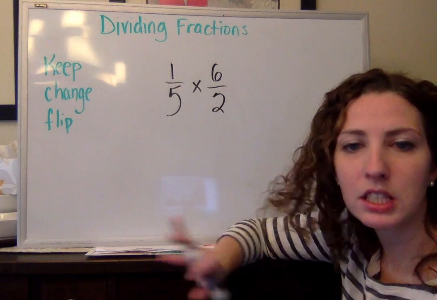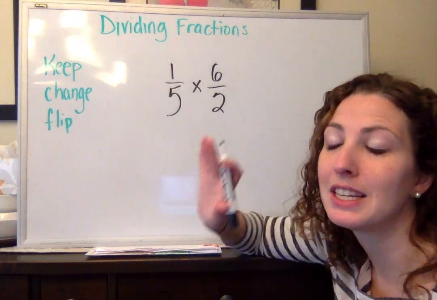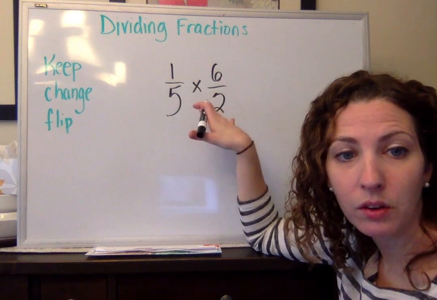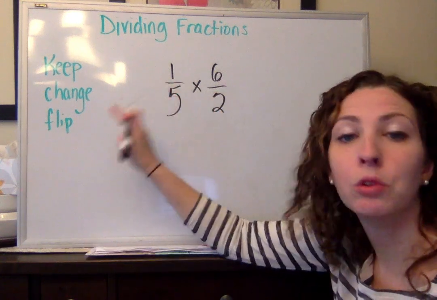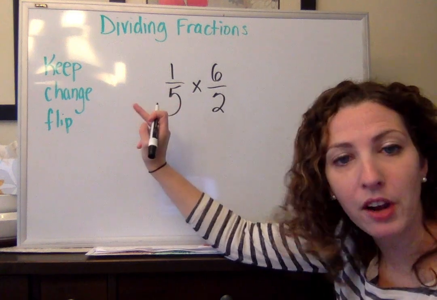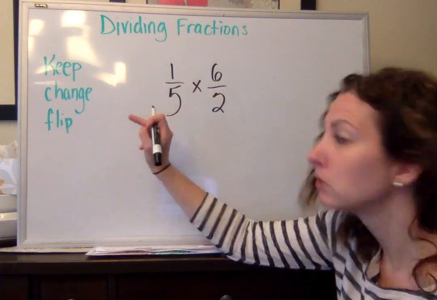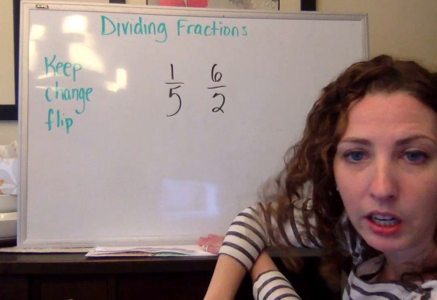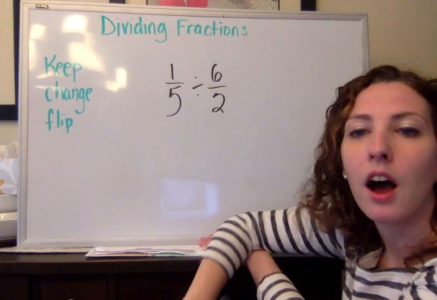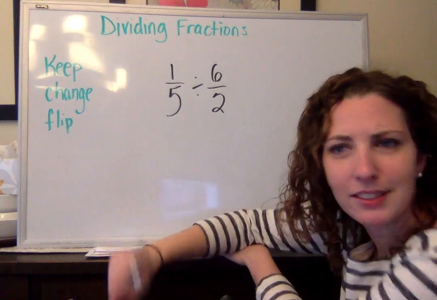All right, now you're going to see all different kinds of fractions, and it doesn't matter what they look like here, okay? What matters is that you remember the rule of keep, change, flip. Keep the first fraction the same, change division to, oh, I just messed that up. Good thing I caught that just now. See, just like in class.